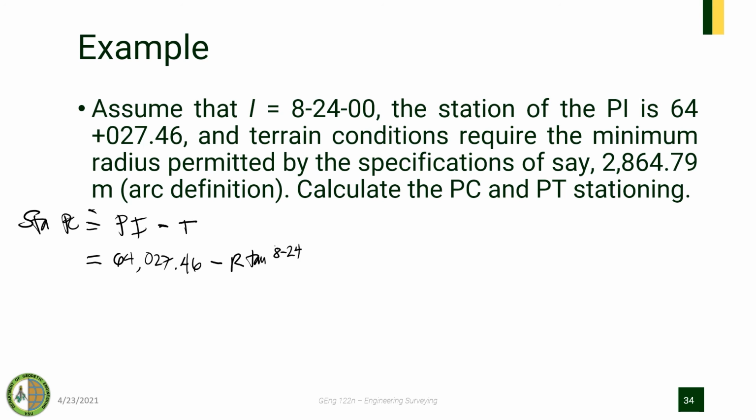So your station PC is equal to 64,027.46 minus 210.38.